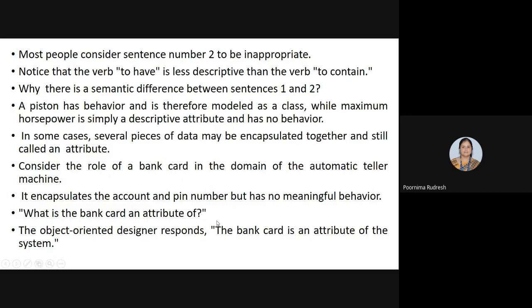So this bank card or debit card encapsulates several pieces of data. Even if it encapsulates several pieces of data, the card is still called an attribute. Hence, if we ask what the bank card is an attribute of, we say that the bank card is an attribute of the system.